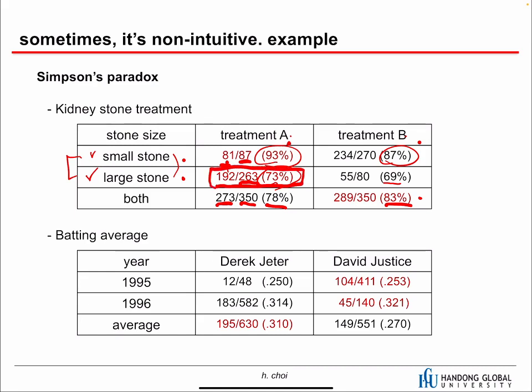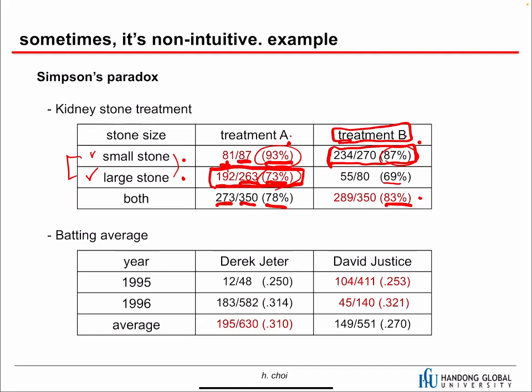Treatment A was applied to the large stone dominantly, and treatment B was applied to the small stone. If we focus on these percentages, then we might get fooled by these percentage numbers.